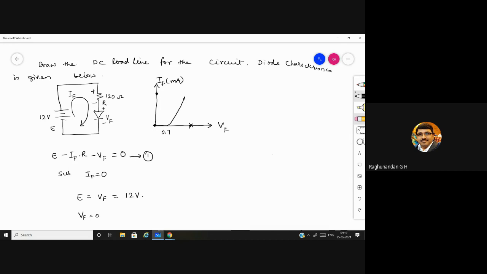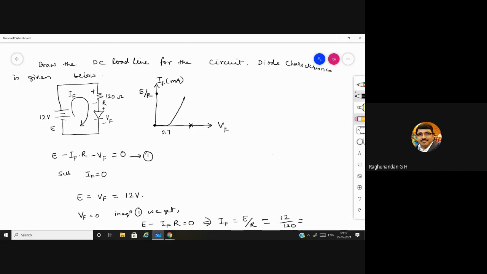So when VF is 0 in equation 1, the remaining terms are E minus IF into R equal to 0. So this implies IF equals E by R. So this point is obtained by E by R. Let us now substitute the E by R value. It is 12 volt and this is 120.